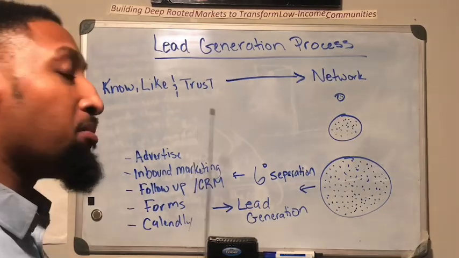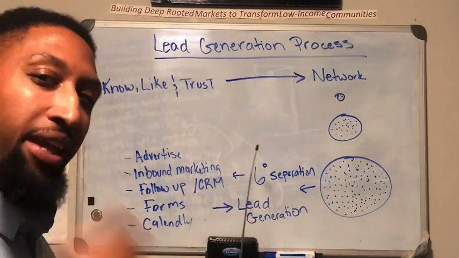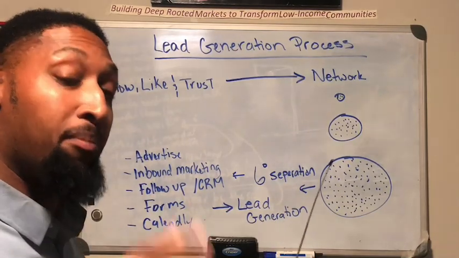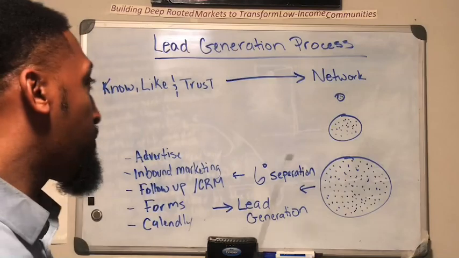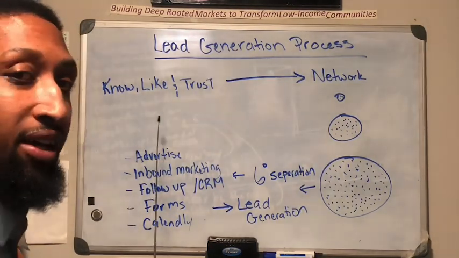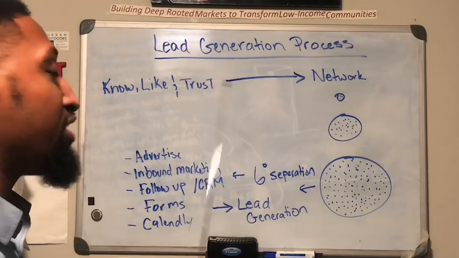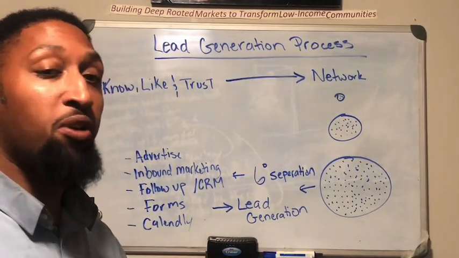Well, when it comes to marketing and visibility and lead generation, the biggest thing you want to focus on is making sure that when it comes to your brand and your message, prospects need to know, like, and trust you. When it comes to marketing visibility, that's pretty much what it boils down to.